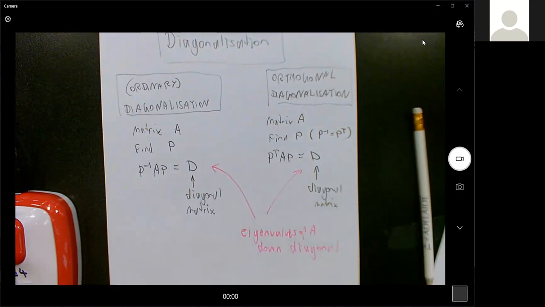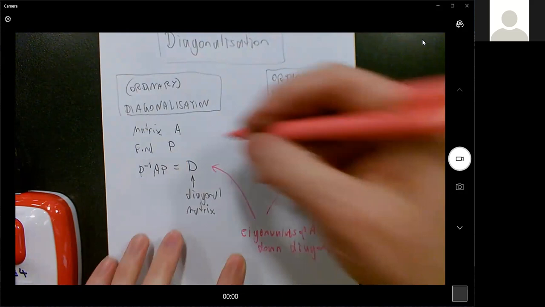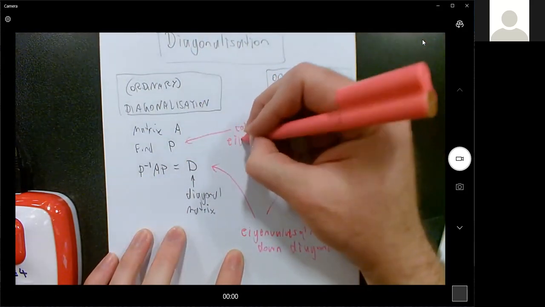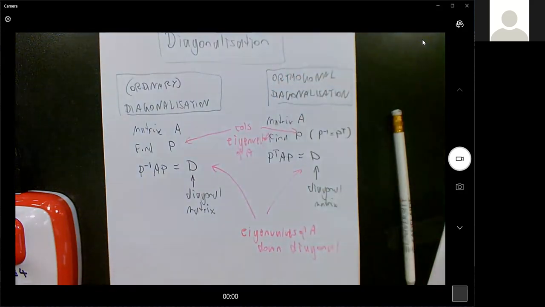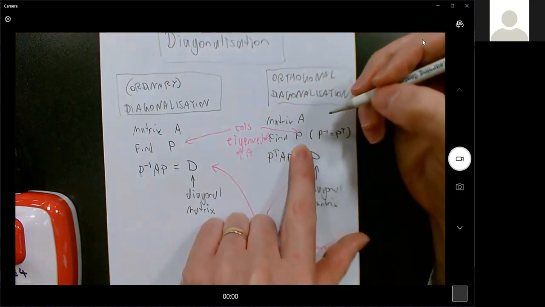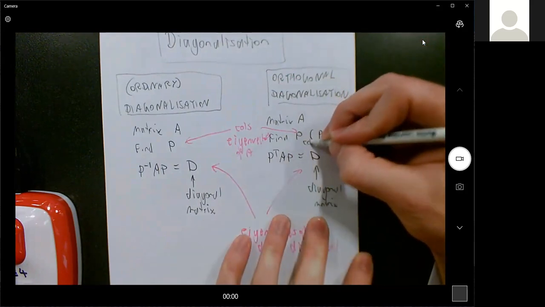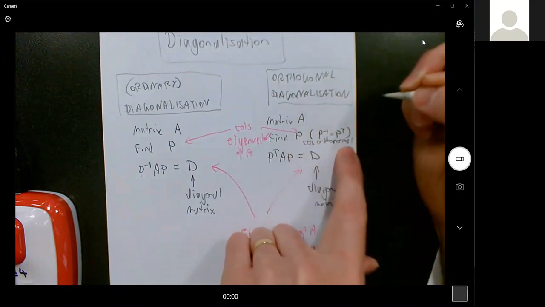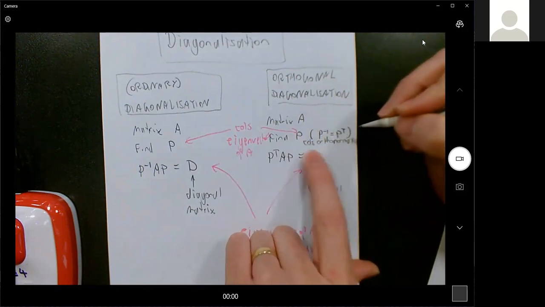And in both situations, the columns of P are eigenvectors. But over this side, they can't just be any eigenvectors, they have to be orthonormal. And the columns being orthonormal will guarantee that P inverse is equal to P transpose. So you won't have to check that if you make the columns orthonormal.